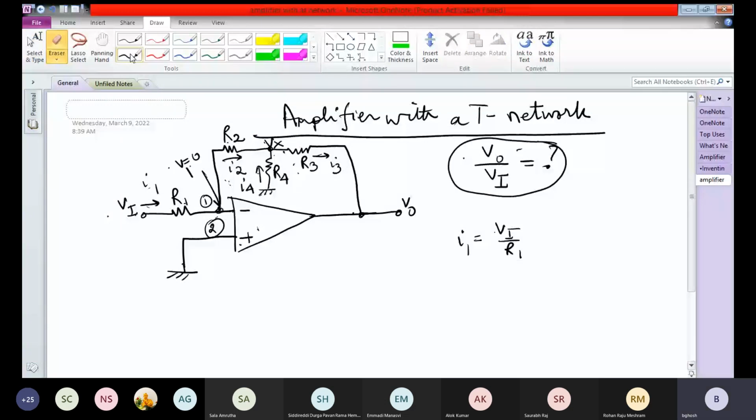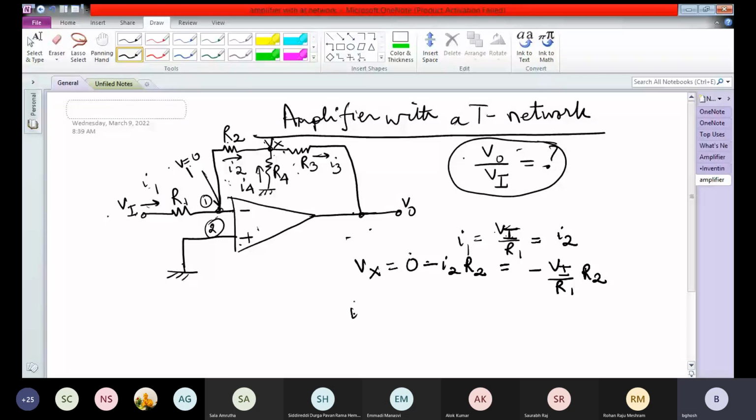And that is equal to I2. And then we can find the voltage Vx. Vx is given by 0 potential V1 minus I2 R2. That is minus Vi by R1 times R2.